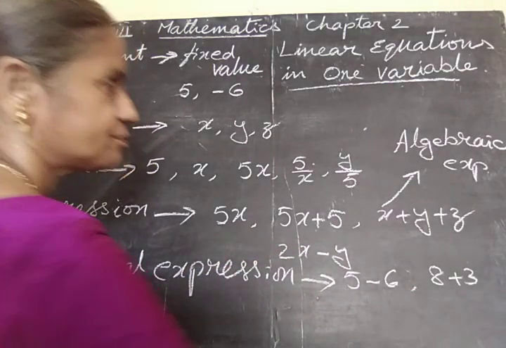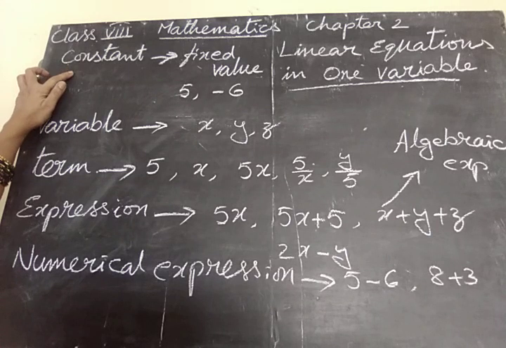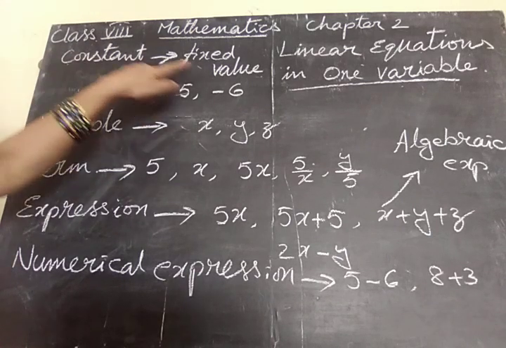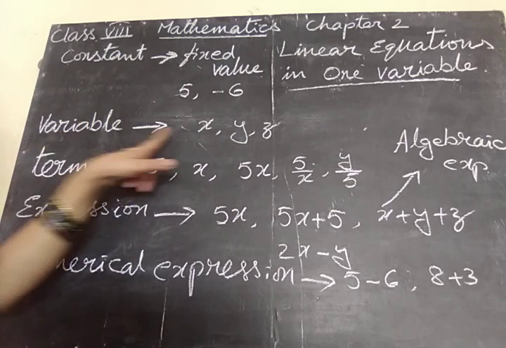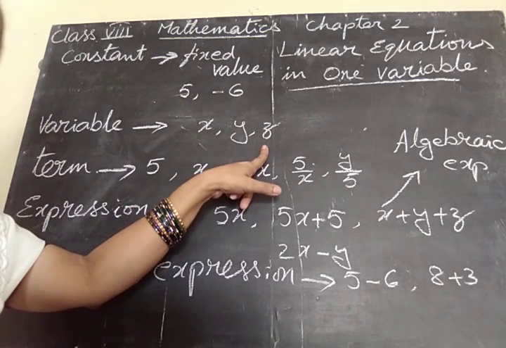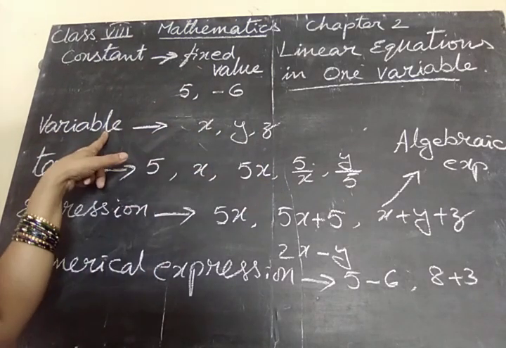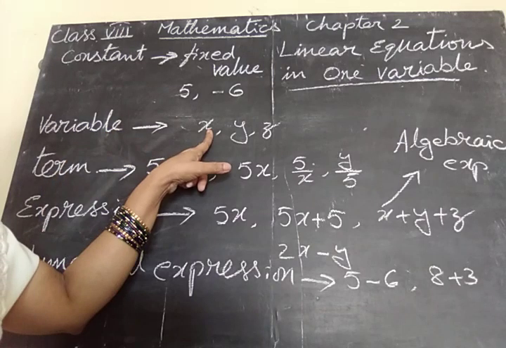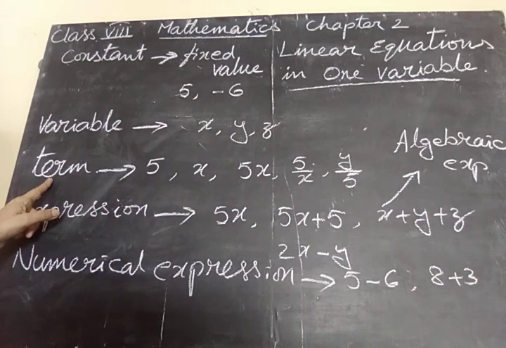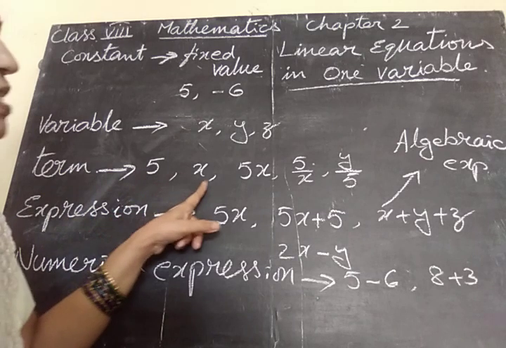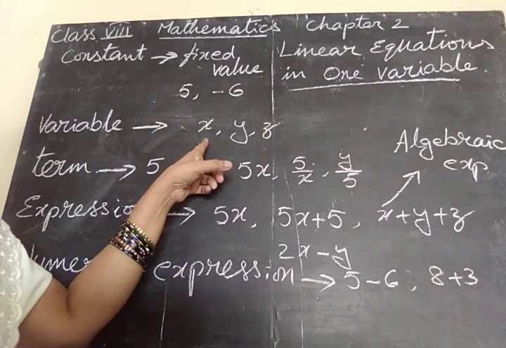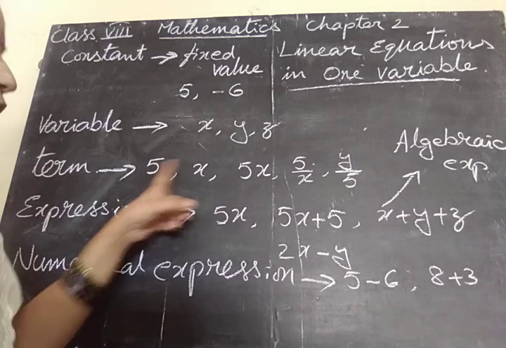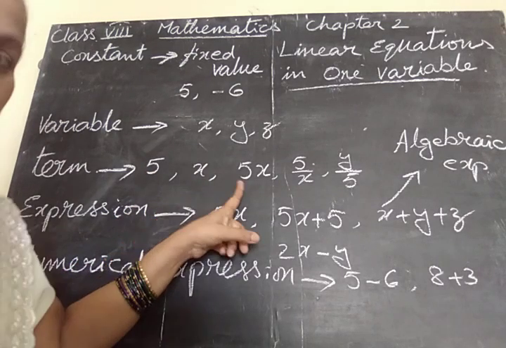Understood, children? Now, what is a constant first? A constant has a fixed value. The numbers which have fixed values are called constants. The numbers which do not have a fixed value are called variables. It varies its values. Now terms. Terms mean the combination of constant and variable, or alone. Constant alone and variable alone are also called terms.